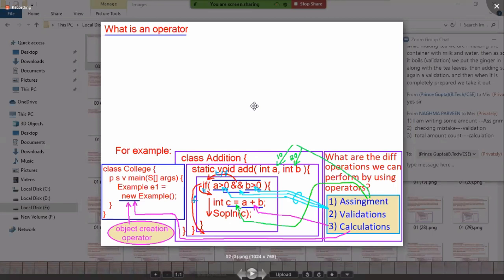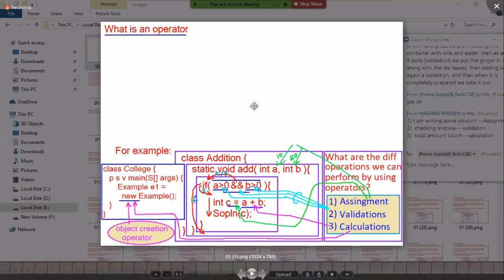I told you keywords also have some logic in the background. Static keyword has some logic, void has some logic, int has some logic, class has some logic. Similarly, every symbol has some logic in the background in the compiler and JVM software. Greater than is a symbol attached to some logic, and is a symbol attached to some logic, plus is a symbol attached to some logic.